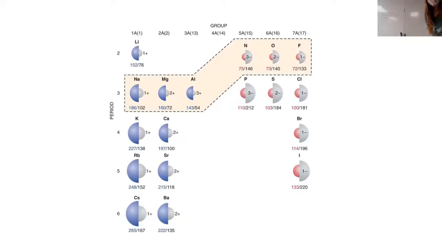It has a radius of 152 picometers. But if we have lithium plus, so we take away just one electron, then it goes down to 76 picometers.